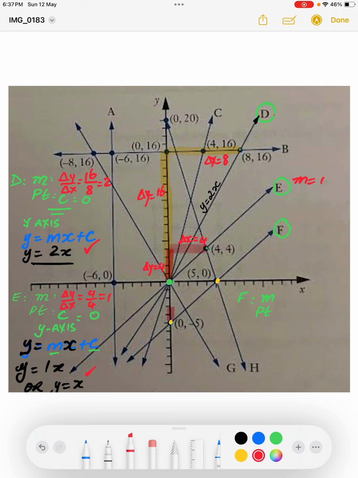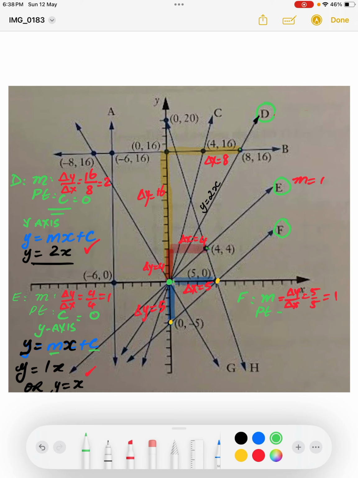We're going to go from this point up 5, across 5. So delta y equals up 5, delta x is across 5, so the gradient delta y over delta x is 5 over 5, which equals 1.